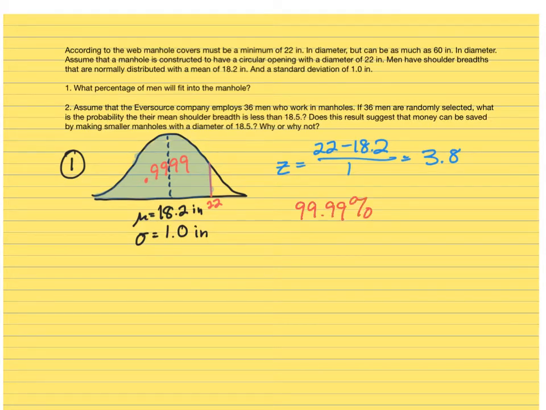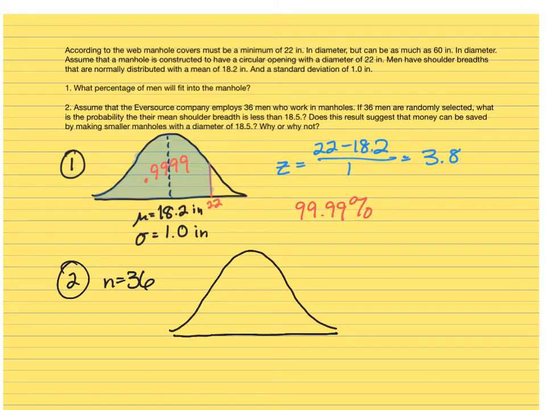Okay, and notice we were just considering one man at a time. But in problem 2, they ask us to consider a sample of size n equals 36. If 36 men are randomly selected, what's the probability that their average shoulder breadth is less than 18.5? So this is the distribution of sample means for samples of size 36.